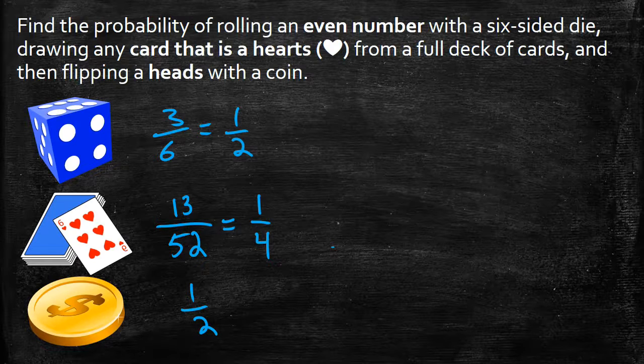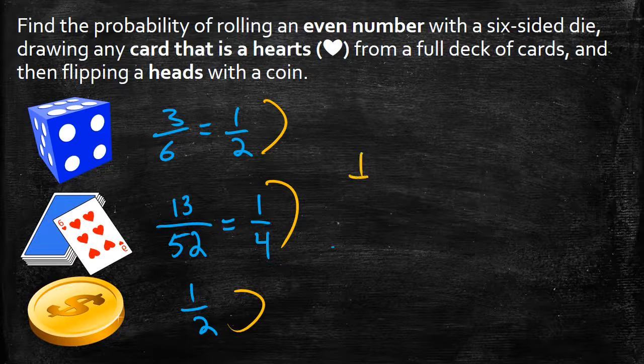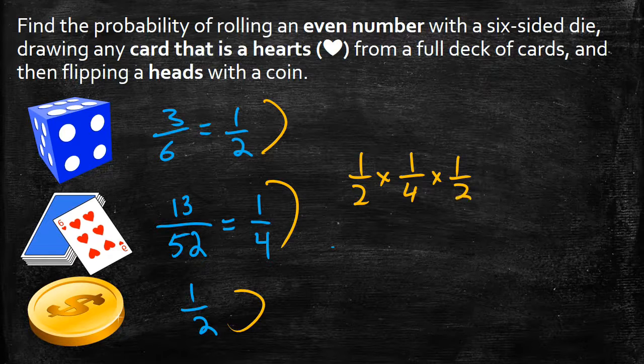Now, to find the probability of rolling an even number, a heart, and a heads, I can take all these values and multiply them together. So I can go 1/2 times 1/4 times 1/2. Just like with all of our fraction multiplication, I'm going to multiply my numerators, which is 1 times 1 times 1, gives me a 1 on top, over 2 times 4 times 2, which is 16 on the bottom.